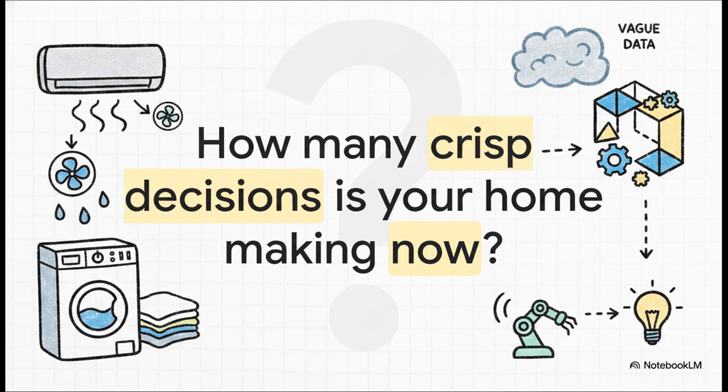Just think about your own environment, your air conditioner adjusting its fan speed, your smart washing machine deciding exactly how much water to use based on the size of the load. They are constantly gathering vague data, evaluating it fuzzily, and then, in a fraction of a millisecond, defuzzifying it to take a precise physical action. So how many crisp, defuzzified decisions is your own smart home making for you at this very moment? It is pretty incredible to think about the invisible mathematics shaping our everyday lives.